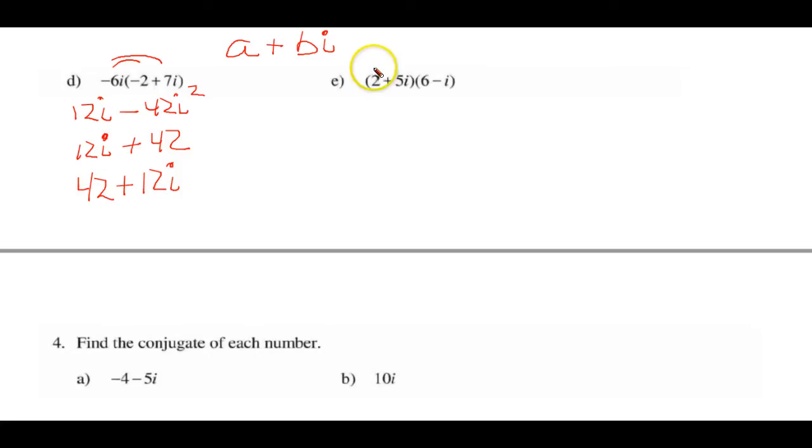Now when we FOIL this, and I'll do it very carefully with you, this is going to be a 12. This is going to be a negative 2i. This will be a positive 30i. And this is going to be a negative 5i squared.